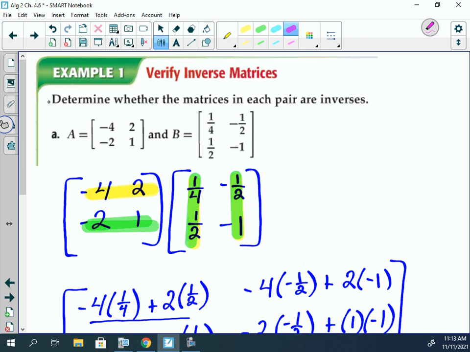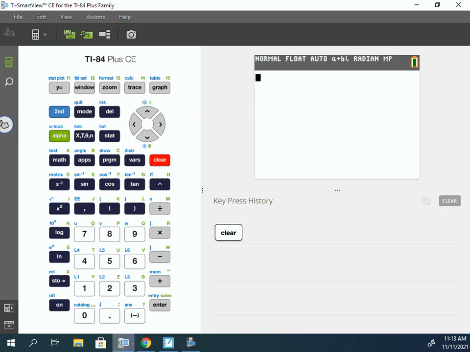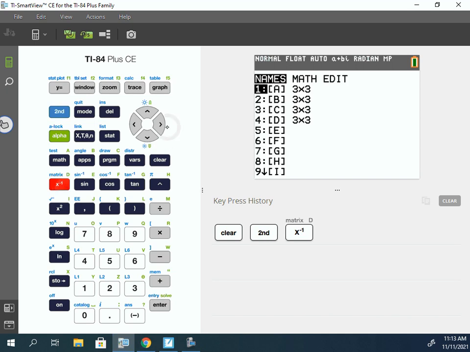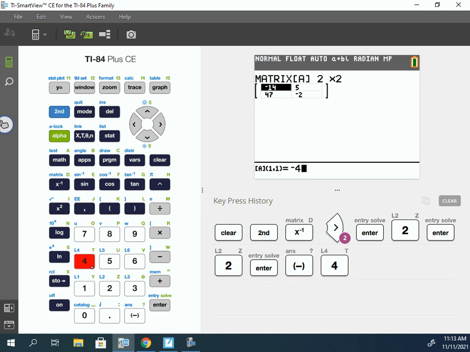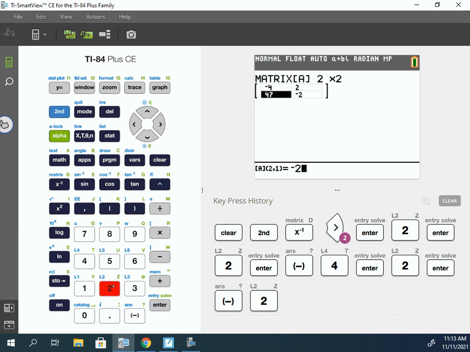Well, we can always use the calculator to check this. Because we can go second matrix over to edit, and put the first matrix into matrix A. So we could say negative 4, 2, negative 2, and 1. So I can enter matrix A in first.